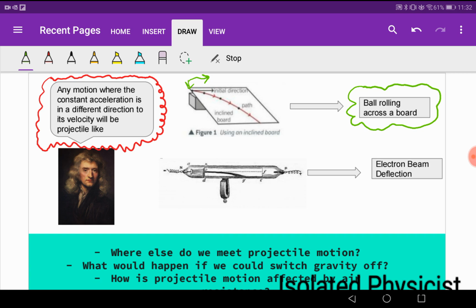Again, you've got the electrons going in that way, and they're being attracted downwards. So they're getting projectile-like motion. So there are two more examples of where you might see projectile motion, and then you can solve them with the SUVAT equations, as long as we've got this very important constant acceleration in there.